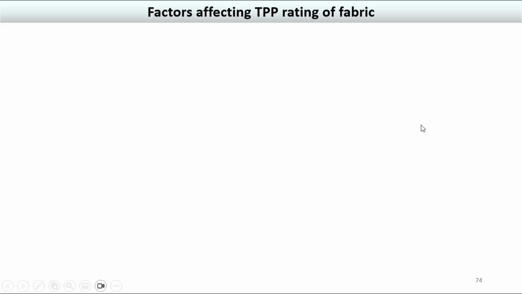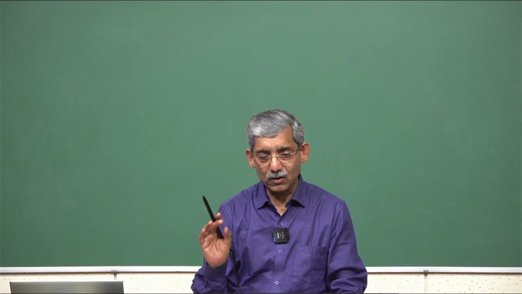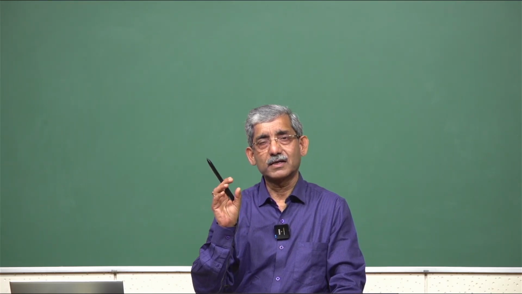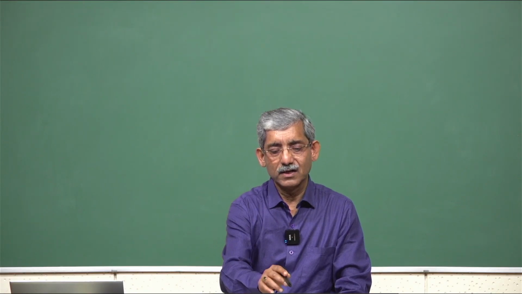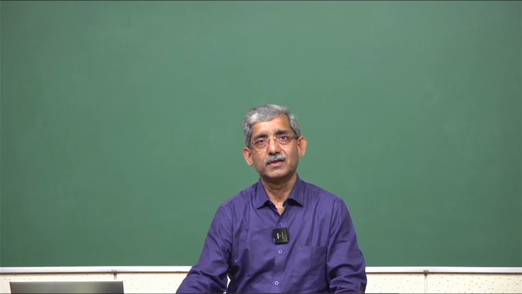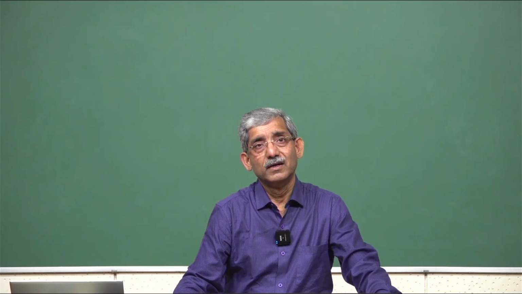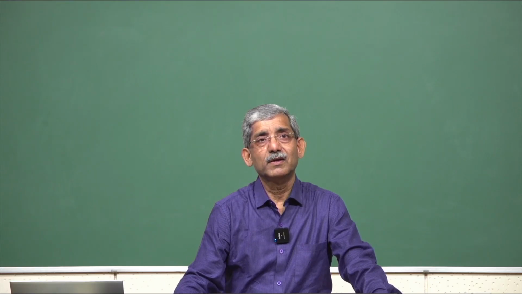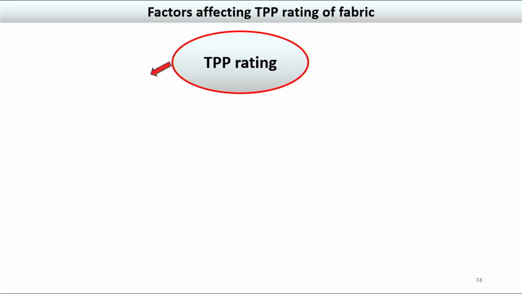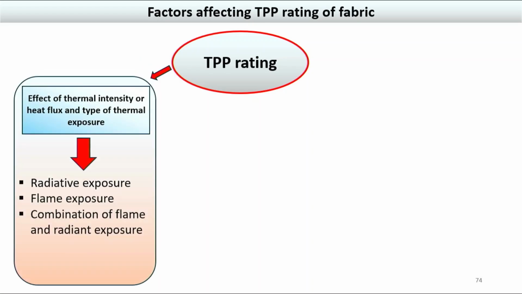So, let us now try to understand what are the different factors in a clothing, in a textile material, which affect the thermal protective performance, TPP rating. So, there are different factors available here. Now, TPP rating, what is this? It is the effect of thermal intensity or heat flux and the type of thermal exposure.